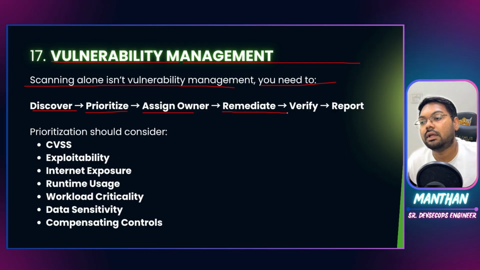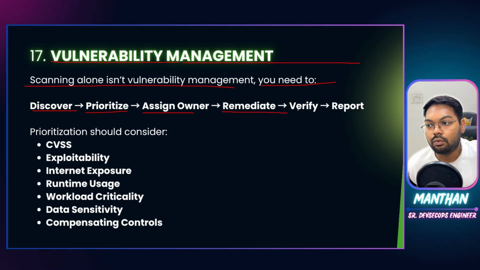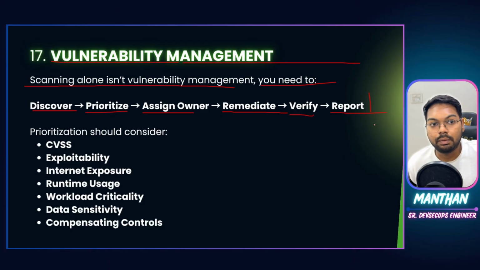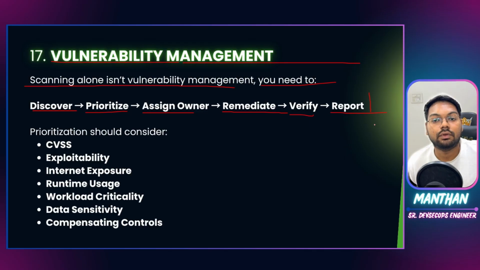And then once they remediate that thing, then you need to verify, rescan, and then report to the people that it has been fixed or it is not fixed. And you need to again work on that stuff. You need to rescan this thing. So vulnerability management is not just finding vulnerabilities.